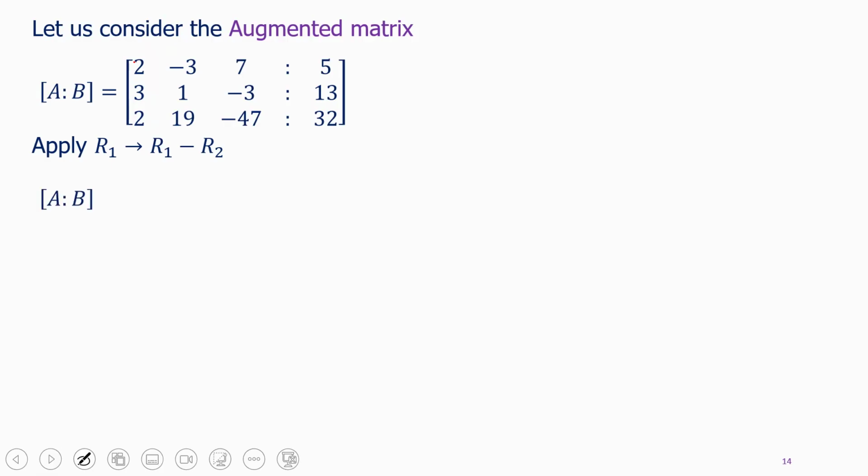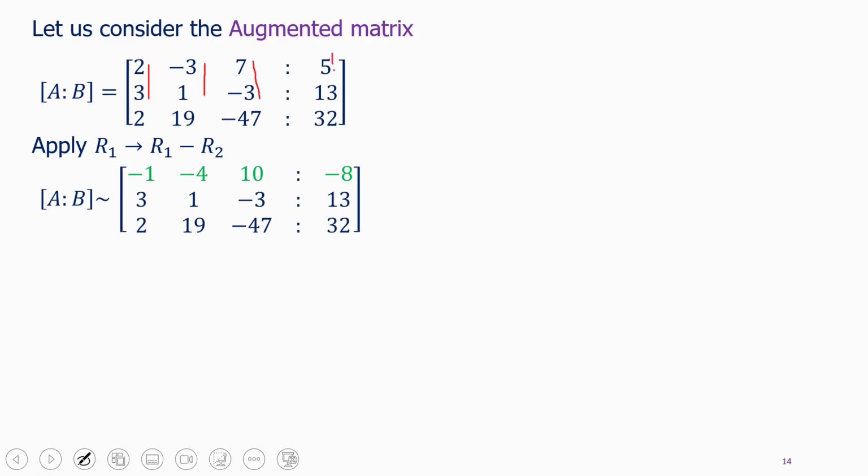So what will happen? 2 minus 3 is minus 1, minus 3 minus 1 is minus 4, 7 plus 3 is 10, and 5 minus 13 is minus 8. Now the first element becomes minus 1. Minus 3 is a multiple of minus 1, because 3 can be written as minus 3 into minus 1.